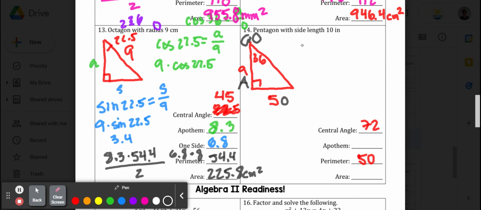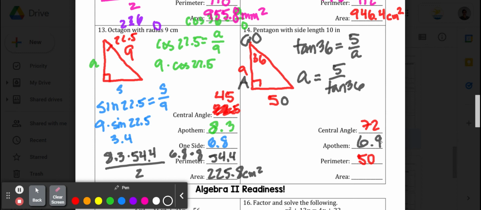We have adjacent hypotenuse, so that's going to be tan 36 equals opposite over adjacent. And then switch positions, so the apothem is going to be 5 over tan 36. Which gives me 6.9. And then we just do 6.9 times 50 divided by 2.